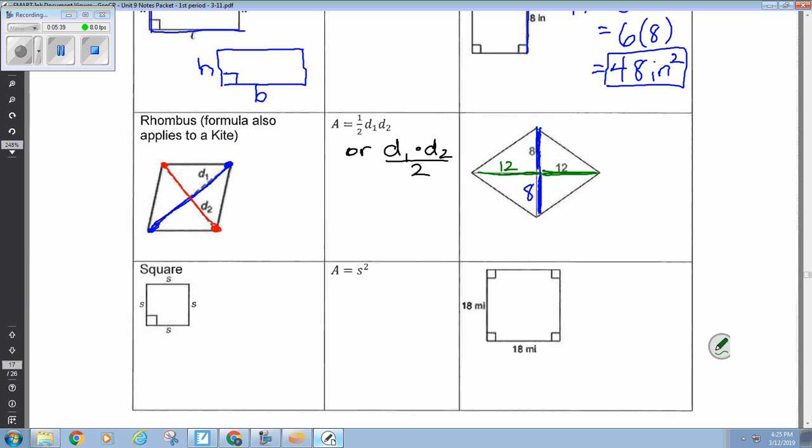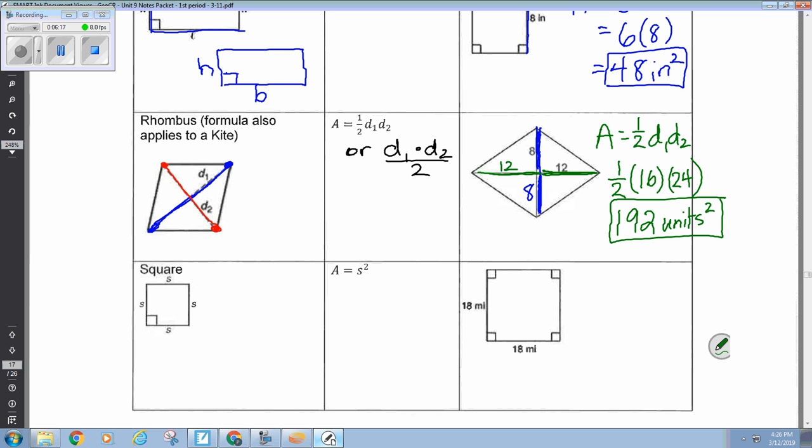But now that we have our two parts, we can find the area. We're going to have 1/2 times diagonal 1 times diagonal 2. So that's 1/2 times, we have to add the 8 and the 8. So 8 plus 8 is 16. 12 plus 12 is 24. Once you get it set up, again, we can let the calculator do the work that it needs to do. So your area is 192, in this case, units squared. It's units squared because they didn't give us units for it.